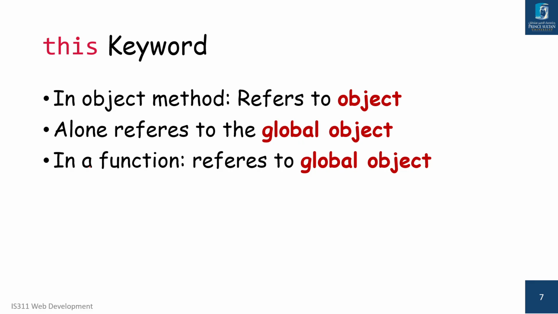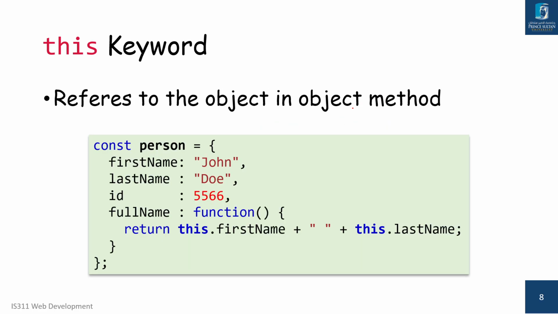If we are not using it inside an object, then this represents the global scope. In a function, it also refers to the global scope. But if we are inside an object, then it refers to that object. Otherwise, it is referring to the global scope.